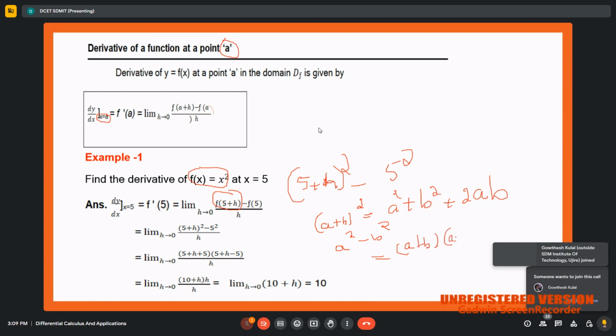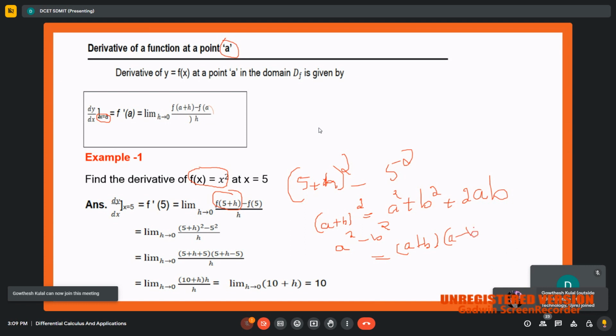Here a is 5 plus h and b is 5, so that is 5 plus h plus 5 into 5 plus h minus 5.